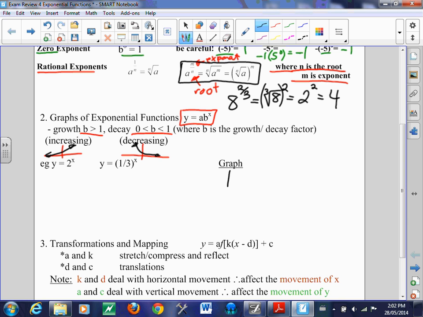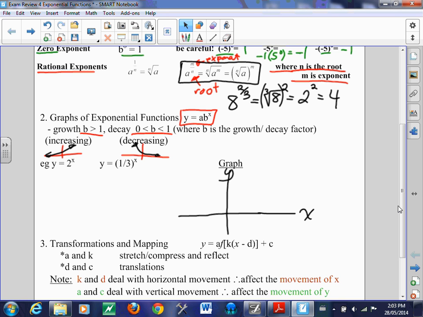Okay? So we're going to graph some of these functions in a second. So based on this graph, if I've got x and y, and I'm going to graph both y equals 2 to the x and y equals 1/3 to the x, I'm going to be aware that there's an asymptote here at the x-axis.